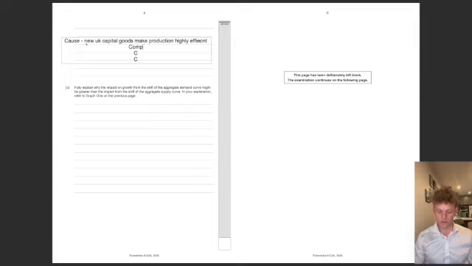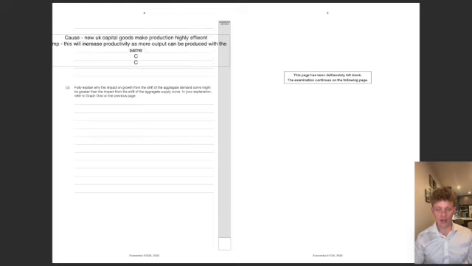Cause components. This will increase productivity as more outputs can be produced with the same level of raw materials, e.g. labor.